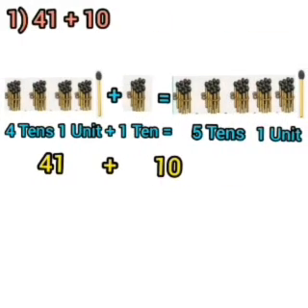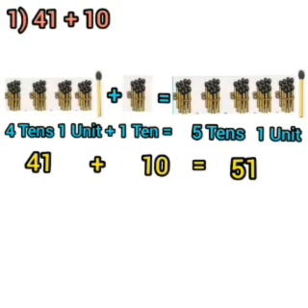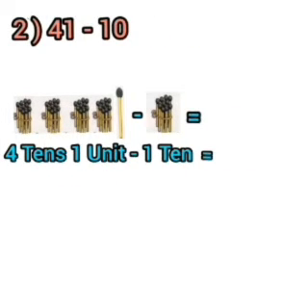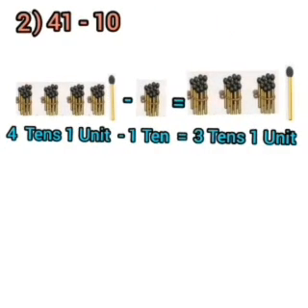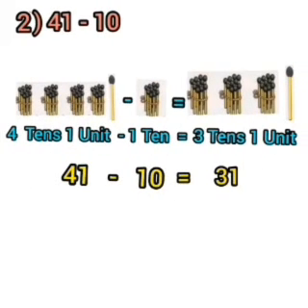That is 41 plus 10 is equal to 51. Let us see the second one, that is 41 minus 10. 4 tens, 1 unit minus 1 ten is equal to 3 tens, 1 unit. That is 41 minus 10 is equal to 31.